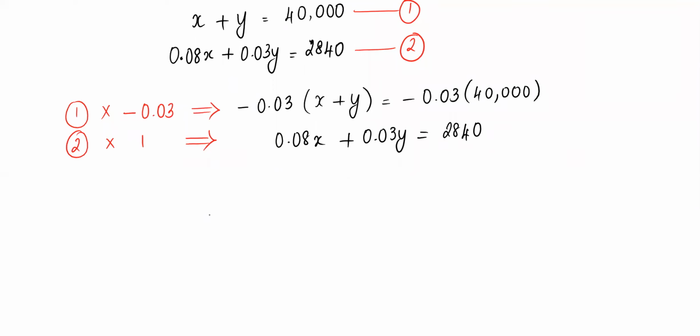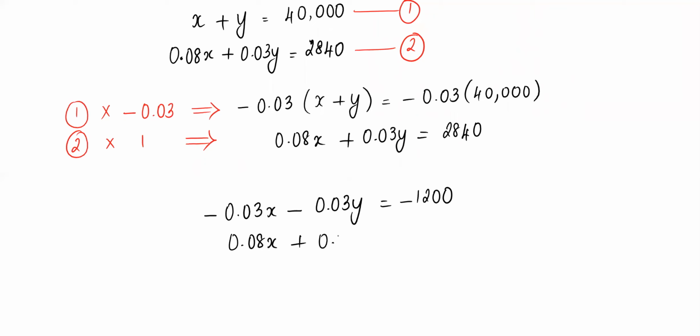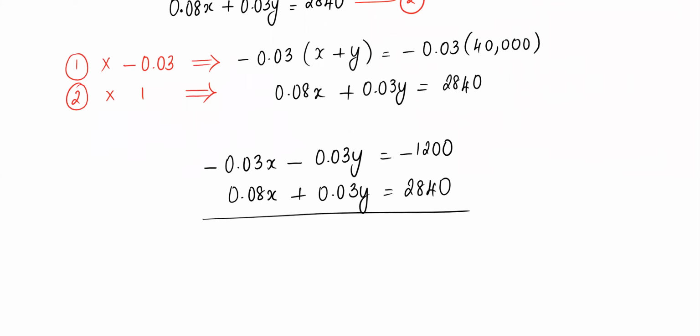Distribute to build the actual equations that will use the elimination method. Those two multiply to give us negative 1200. The middle term cancels off.